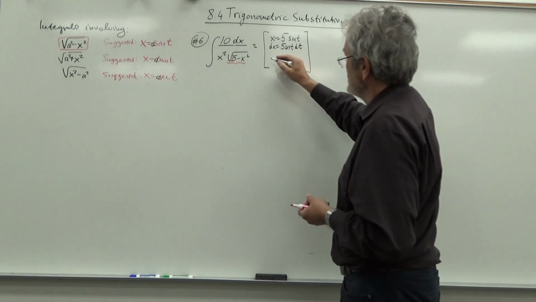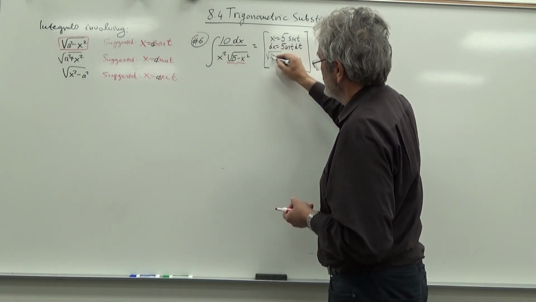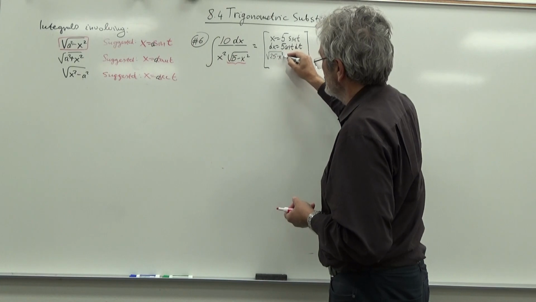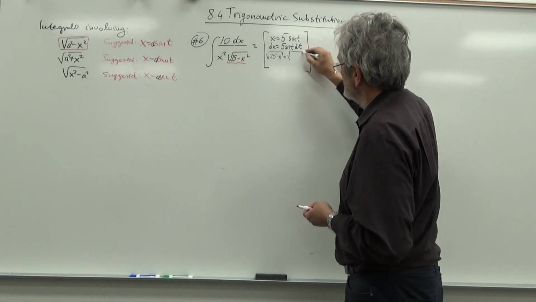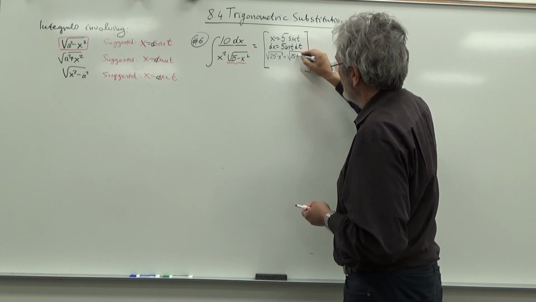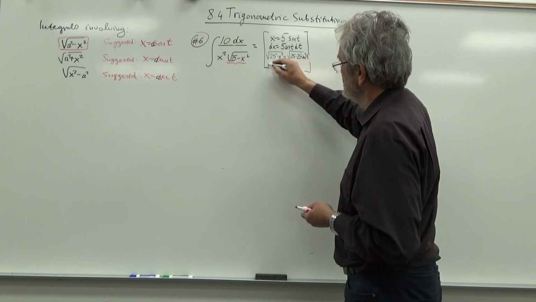And then what we promised for the square root: square root of 25 minus x squared would be square root of 25 minus 25 sine squared t.